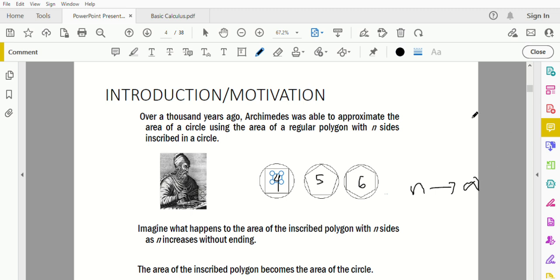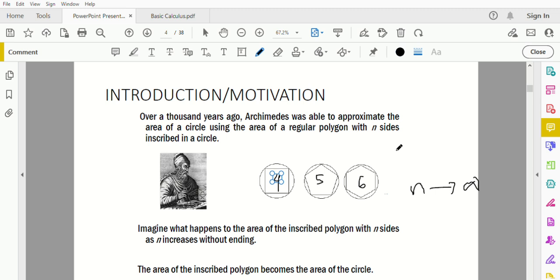Maybe one of you may imagine that the polygon will somehow look like the shape of a circle. So that is why the area of the inscribed polygon becomes the area of the circle. This is how Archimedes approximated the area of a circle.